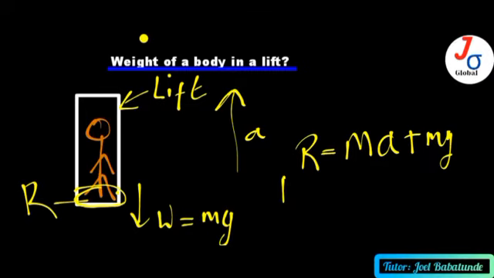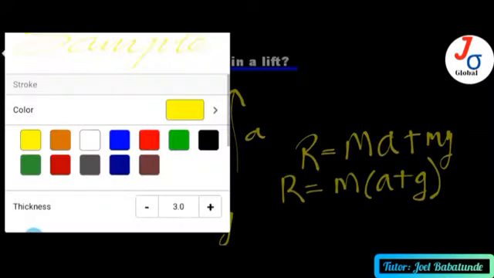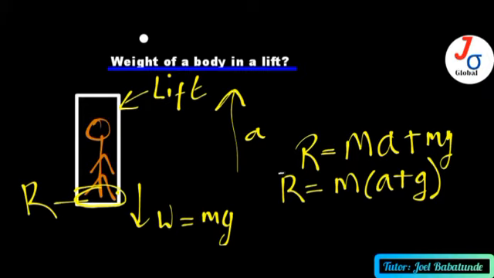Since both of them have m, I'm going to factor out m, so that gives us m(a plus g). So that means when the guy is in the lift and the lift is going up, his weight is actually greater than when it is stationary.